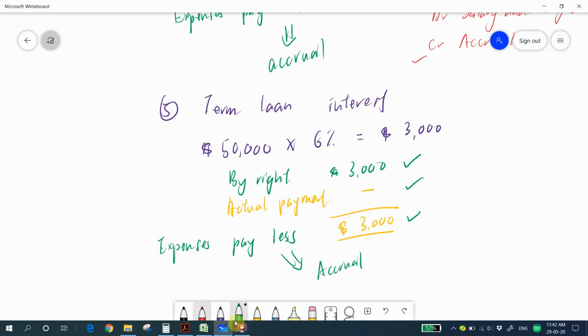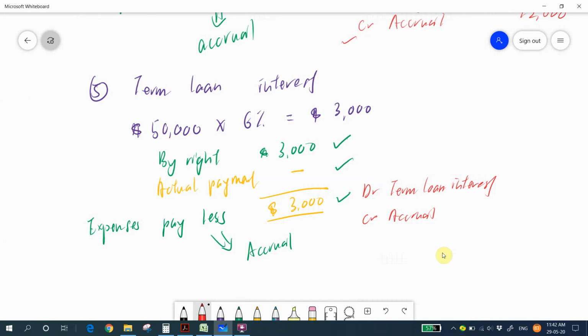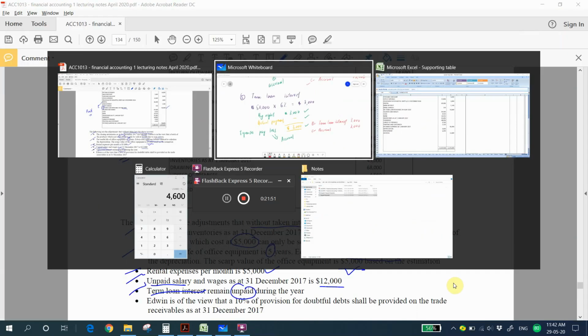So the double entry for accruals: we debit term loan interest and we credit accrual, the amount 3,000 each. Now we reflect this in our trial balance. So we look at the debit side, term loan interest.